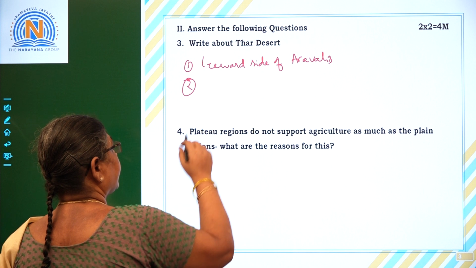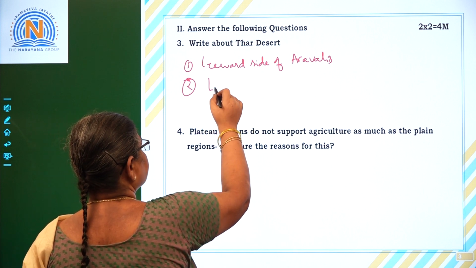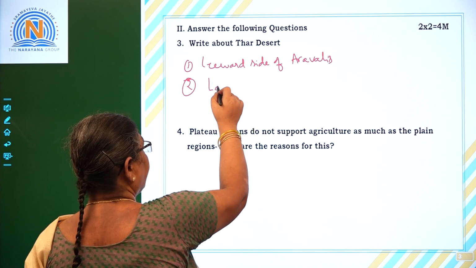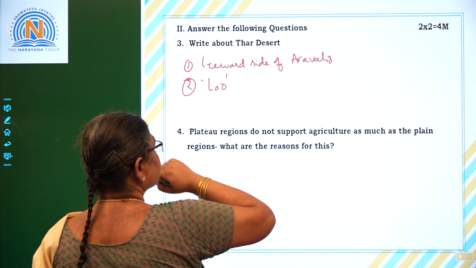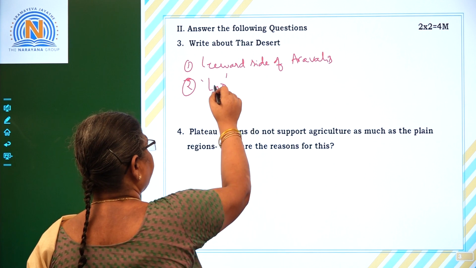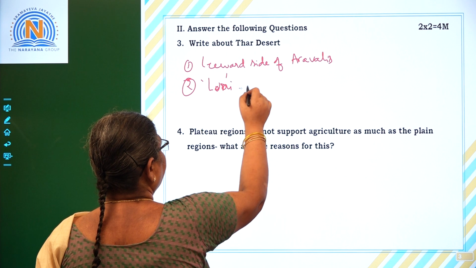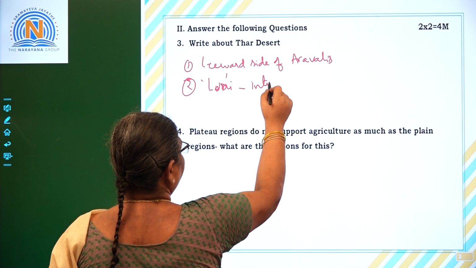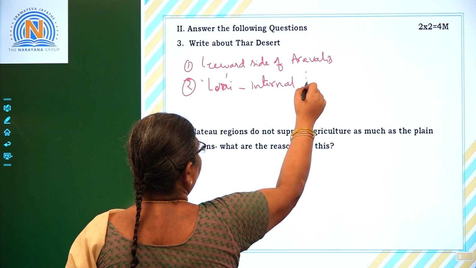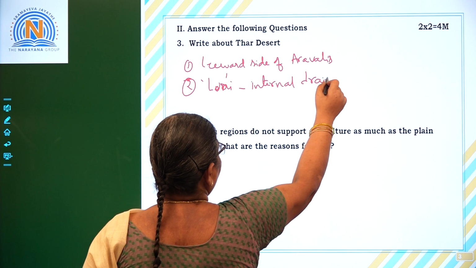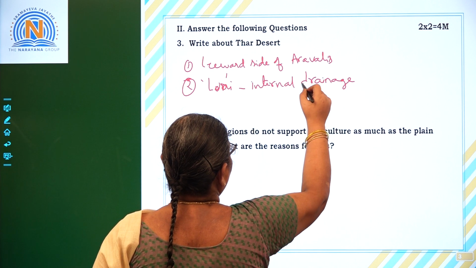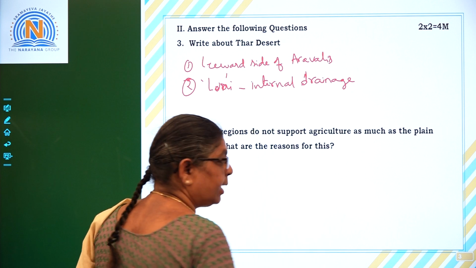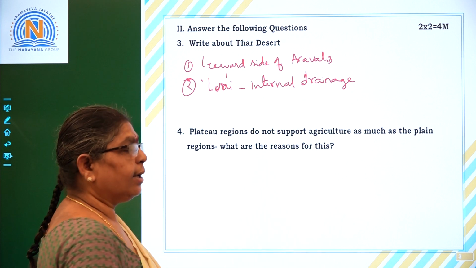And at the same time, in this particular area, we have the river called Luni. The river Luni has internal drainage. It will not flow into any ocean, but it dries up in the sands of Rajasthan.